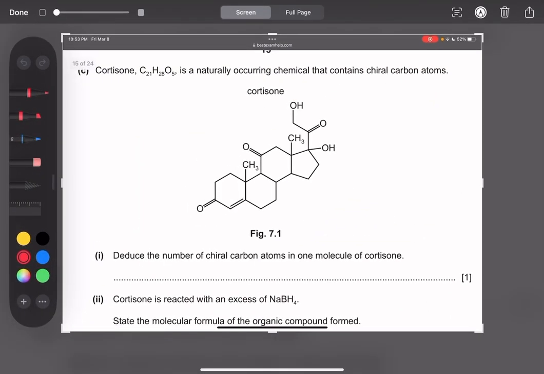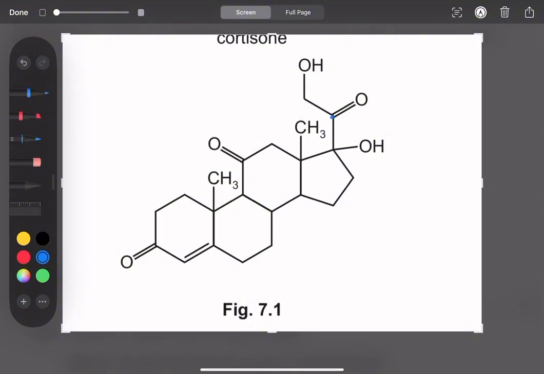So let's first form the OH. Form the OH. OH, H, O, OH, H. Now let's count how many C atoms first. 1, 2, 3, 4, 5, 6, 7, 8, 9, 10, 11, 12, 13, 14, 15, 16, 17, 18, 19, 20, 21.